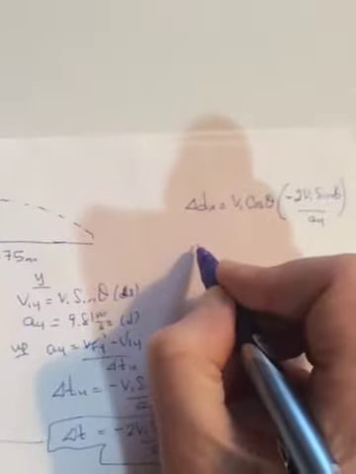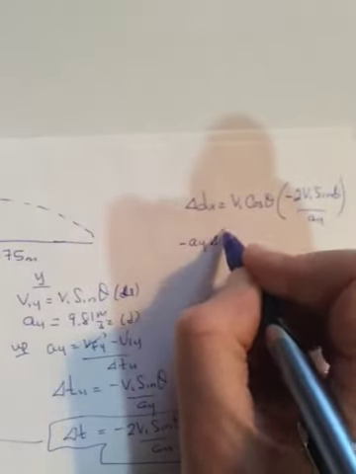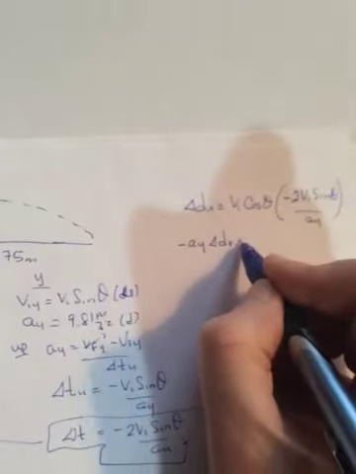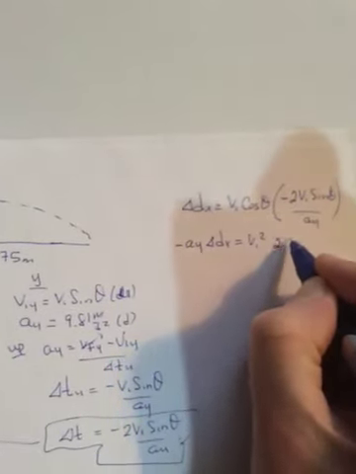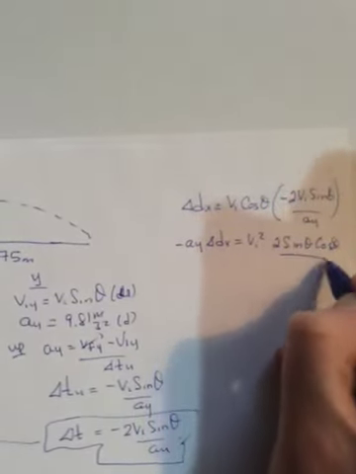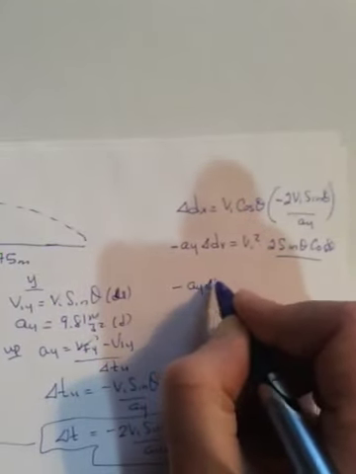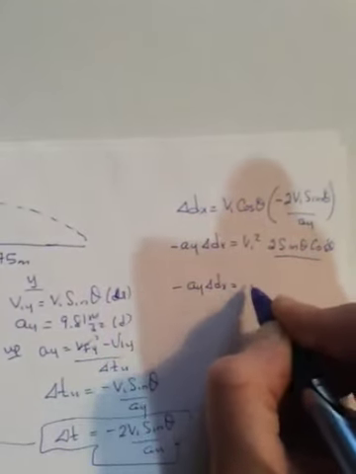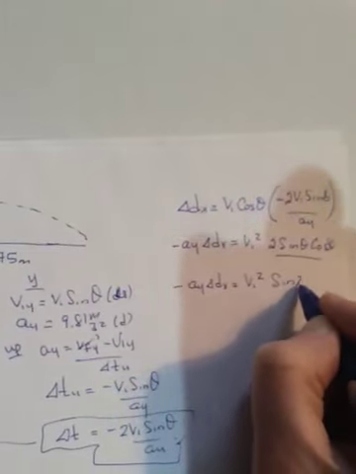Okay, so take your negative and AY over. Negative AY delta dx. VI times VI is VI squared. And then you'll have 2 sine theta cos theta. So this is that trig identity again that we were using last week. So this is the same as having negative AY delta dx is equal to VI squared times sine 2 theta.